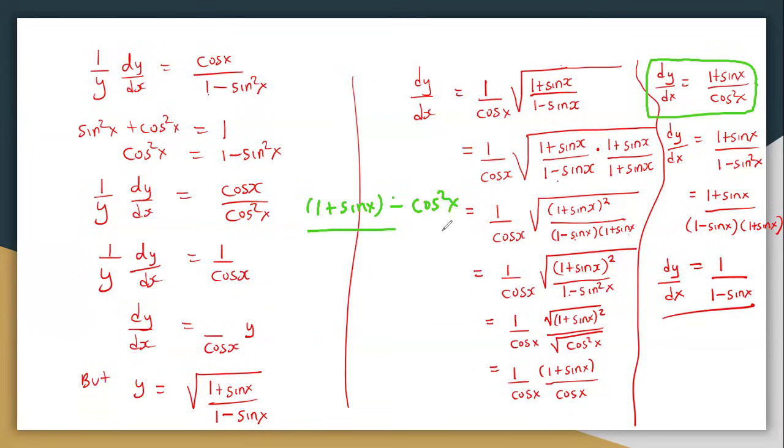You are asking whether this looks to be the same according to me. Can I proceed with this? Like 1 plus sine x minus cos squared x, like you are saying it is the same thing like 1 plus sine x out of cos squared x.